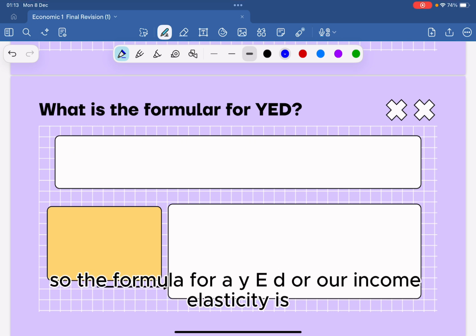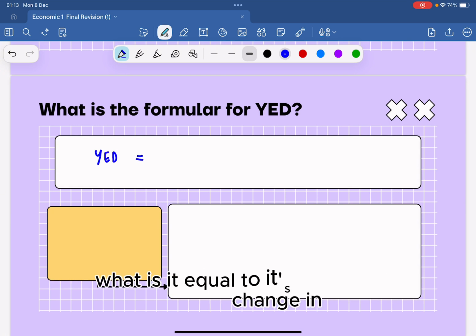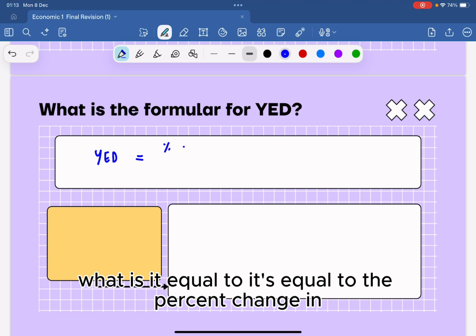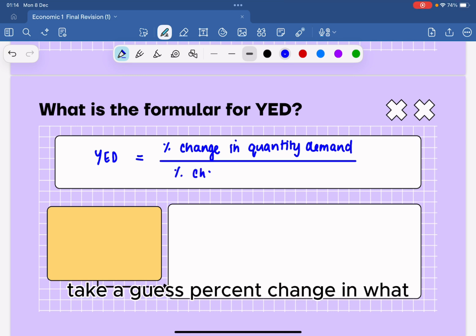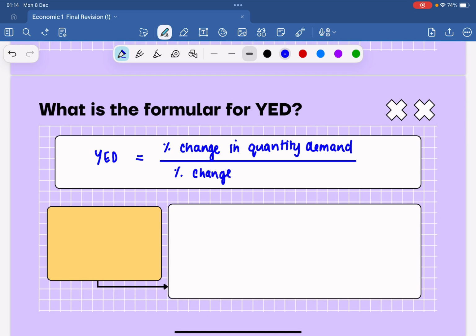The formula is equal to the percent change in quantity demanded over, take a guess, percent change in what? In income. Correct.